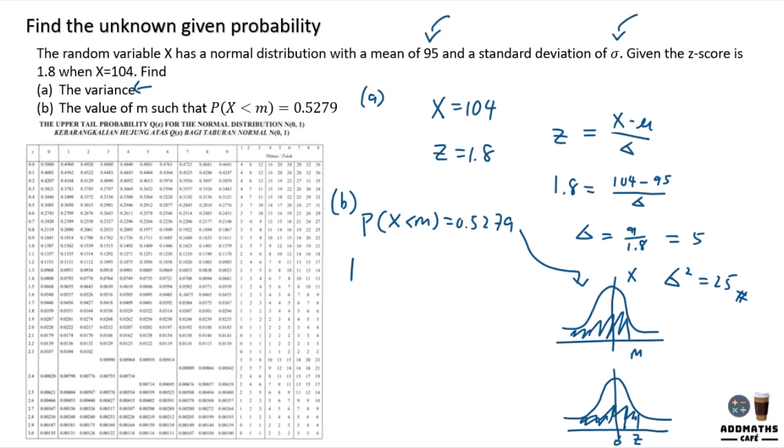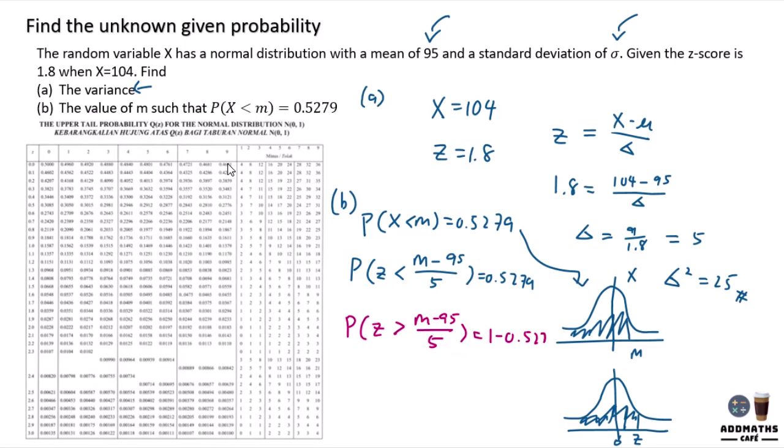I can't do anything with it, so let's change to Z form. m minus your mean, which is 95, divided by your standard deviation, which is 5, equals 0.5279. What I can do here now is change the area. So P(Z more than (m minus 95) over 5) will be equal to 1 minus 0.5279.